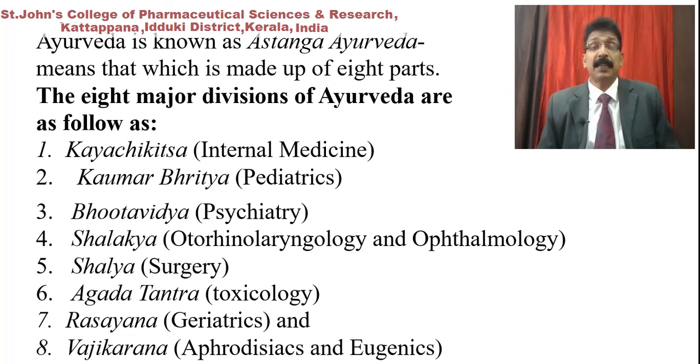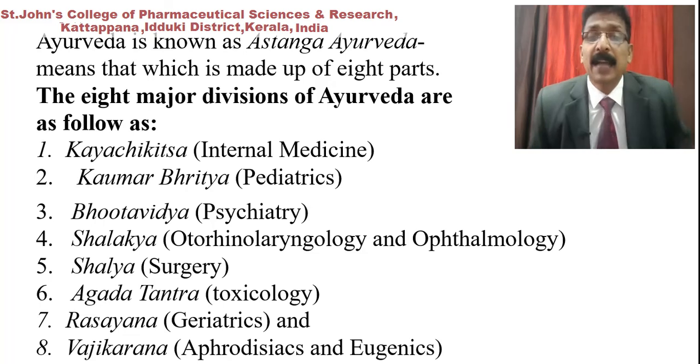That's called Rasayana. And Vajikarana is the study of aphrodisiacs and eugenics.